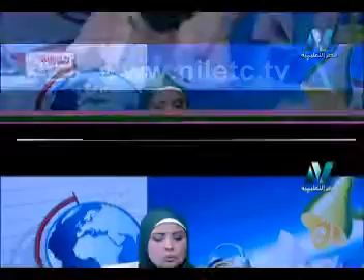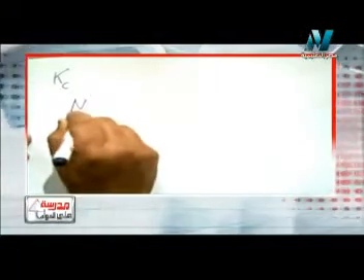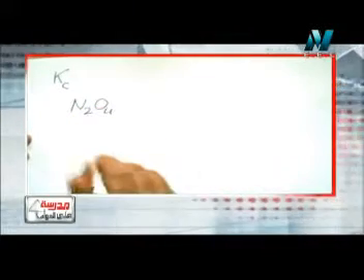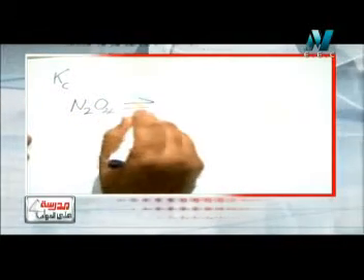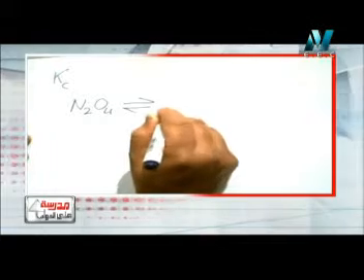The second question says: calculate the value of the equilibrium constant for the following reaction: N2O4, in equilibrium, gives 2NO2.